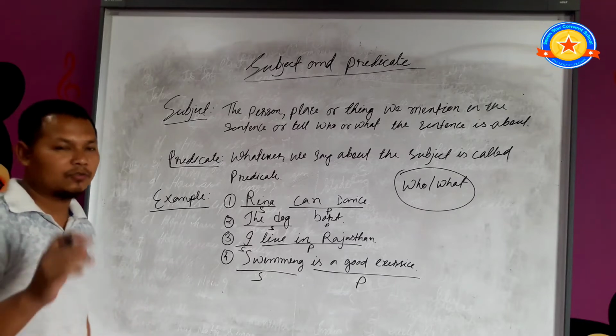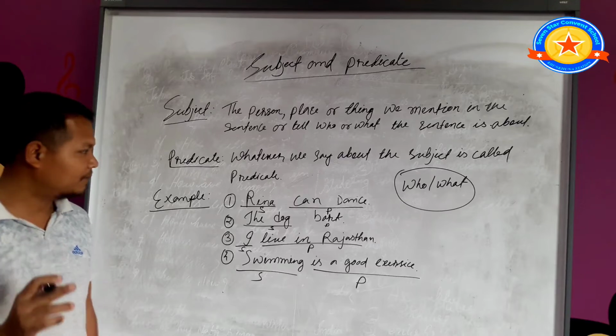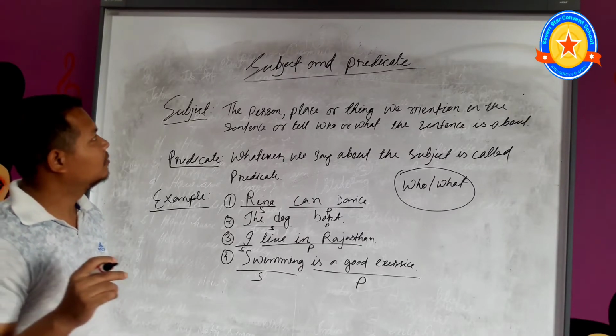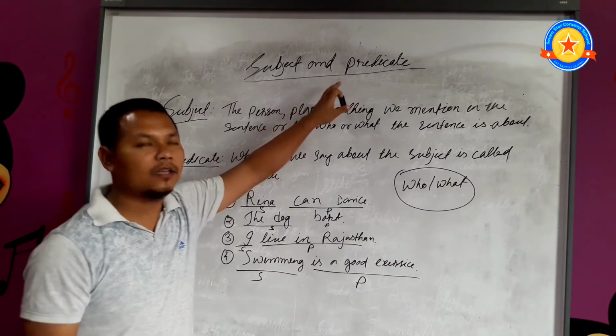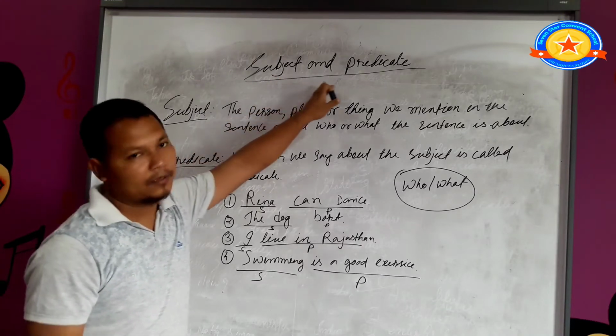Every sentence has two parts. Keep in mind that the subject and predicate make the complete sentence. Every sentence has at least one subject and predicate.